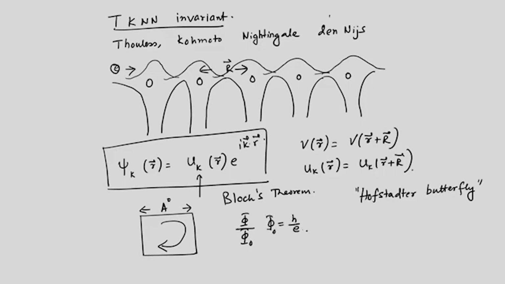So, you want the flux that penetrates, which is the magnetic field multiplied by the area of the square that I have drawn here. The strength of the magnetic field has to be extremely large for phi over phi 0 to be a number, or a fraction, for example. So, that is why people have to avoid this; you cannot have too large a magnetic field.